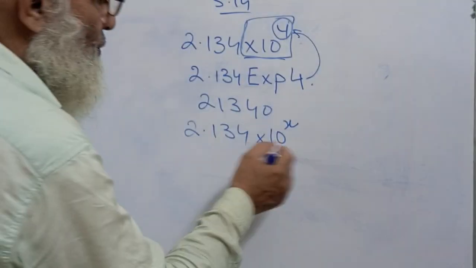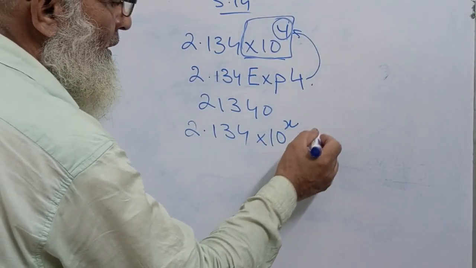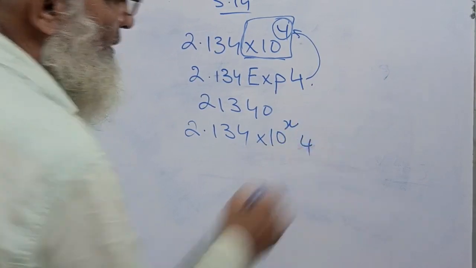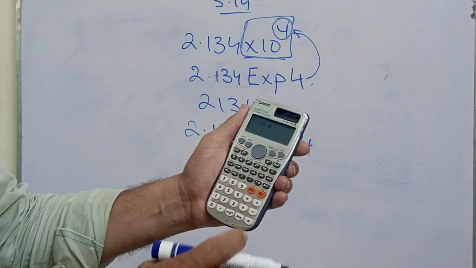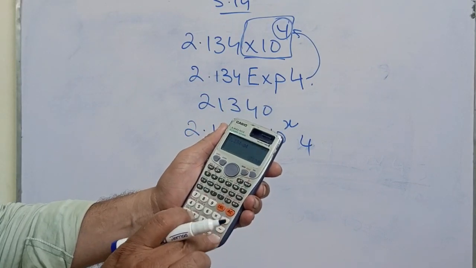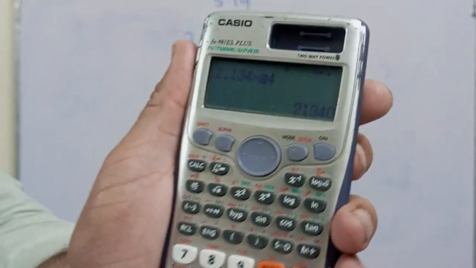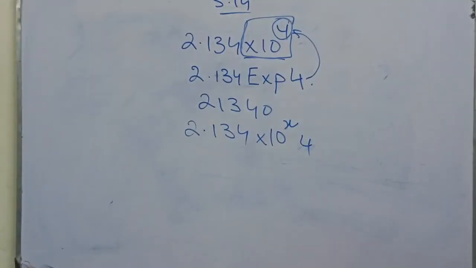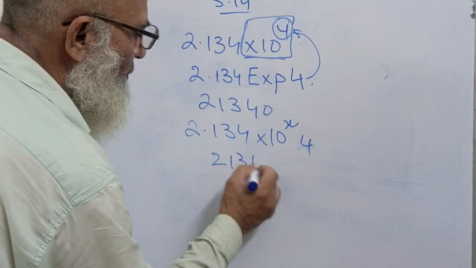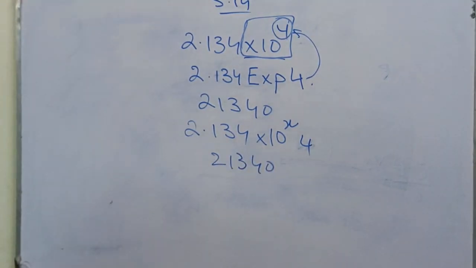So we will press 4. You see what appears on the screen? The same answer, 21340. So this was how to use the calculator.